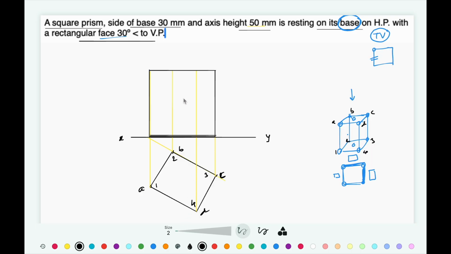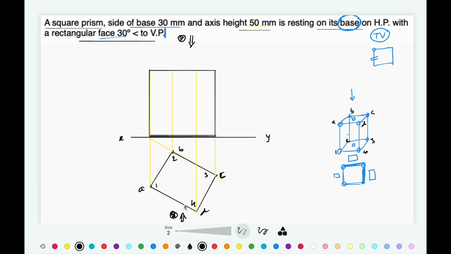Okay, now when you draw a front view and you try to draw another view, that is the top view, the observer position is going to be above the object, and you are supposed to look at the object from the top direction. Whereas if you draw the top view first, the observer position will be over here, and we are supposed to look at the object in this direction of the arrow.